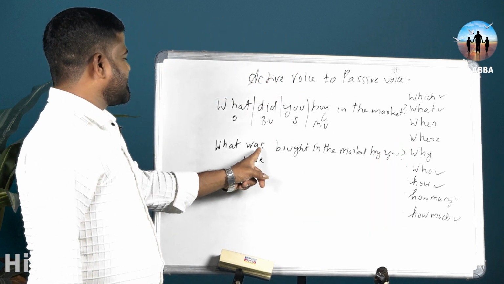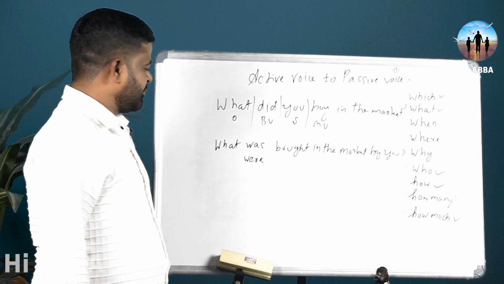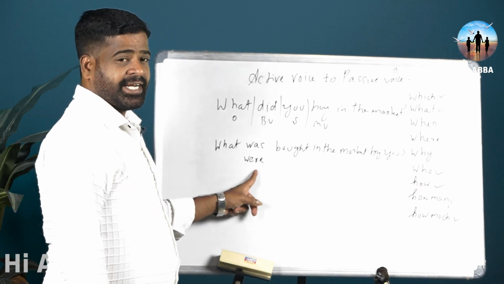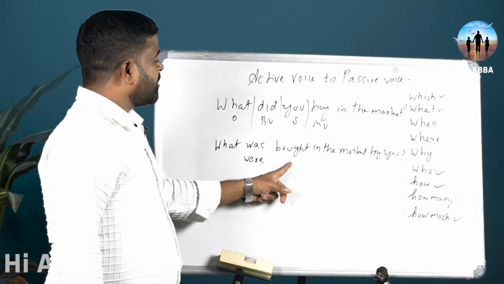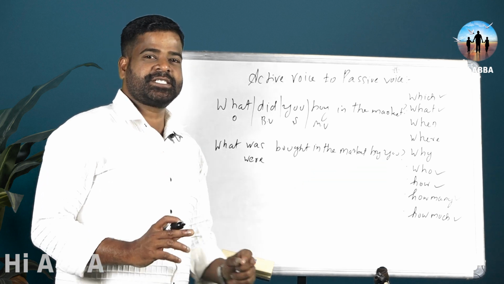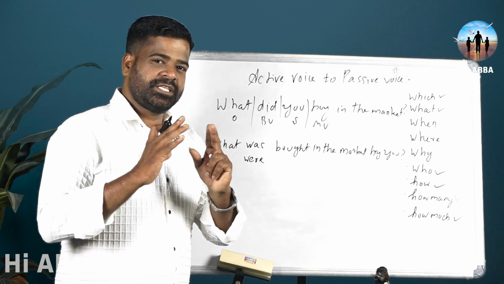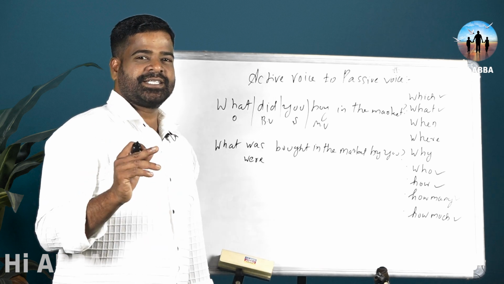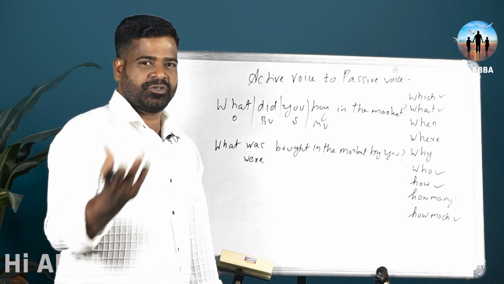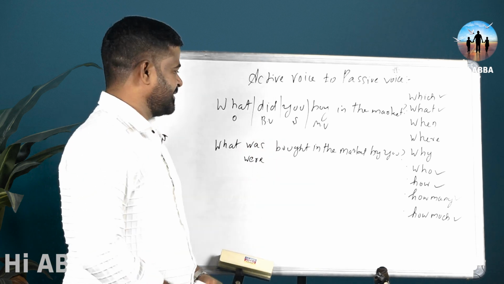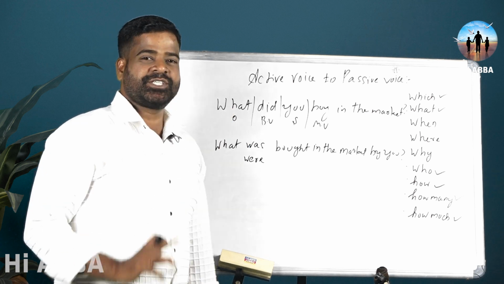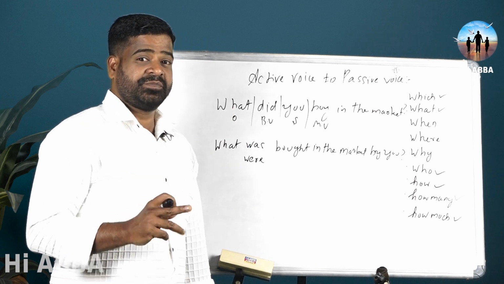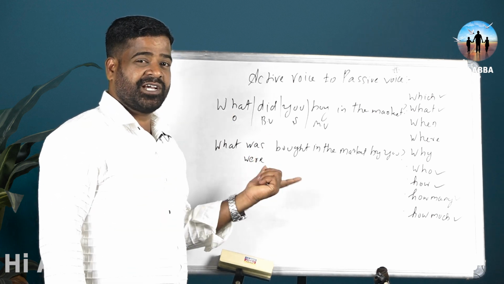We have used a singular subject with the be form verb. Here again we can write it in another way: What were bought in the market by you, which means we refer to plural subjects, vegetables in a plural sense. When we use was, we use it in a singular sense, maybe only one vegetable, maybe tomato or onion, anything for that matter. So now this what is considered as an object in the sentence. That is the beauty of the sentence.